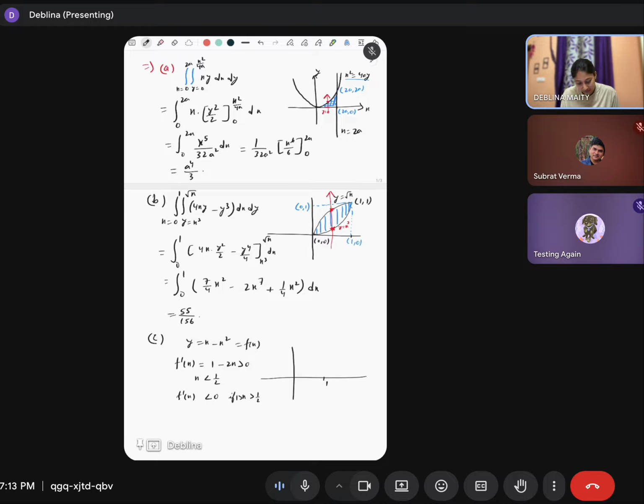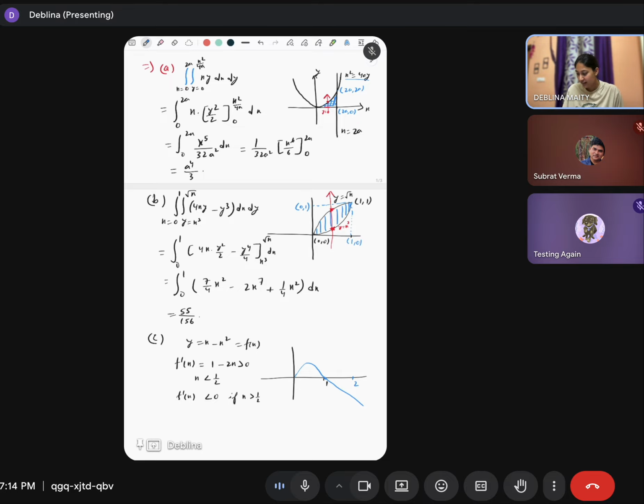So till half it is increasing, and then it decreases, and it is 0 at x equals to 1. So it will meet at x equals to 1 and then decrease. So here is our 2.